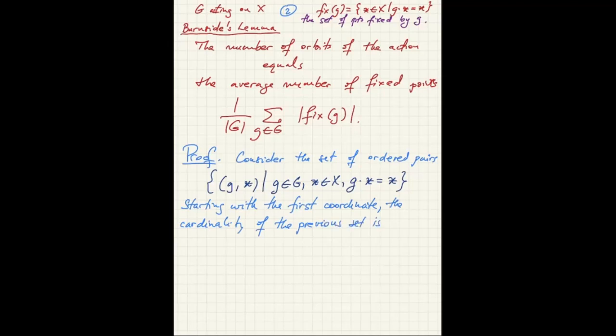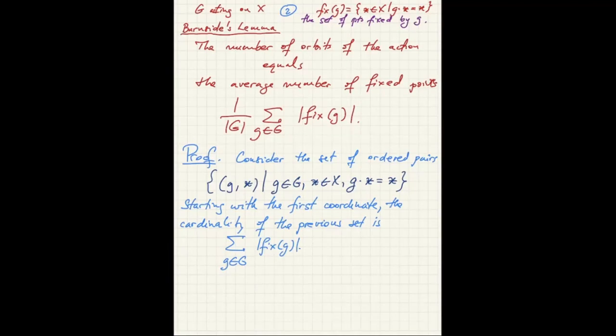Well, we pick an element g in G, and for each such element g, how many x's do we have such that g of x equals x? Well, this is exactly the cardinality of this set Fix(g).